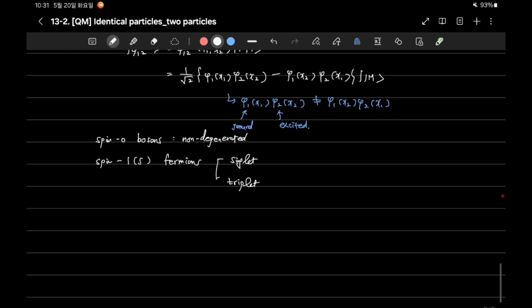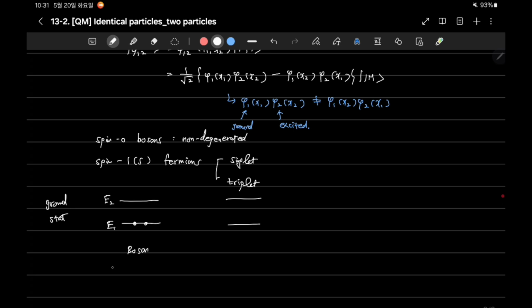So if we think of the two energy levels E1, E2 at the ground state, the bosonic particle can have the same possibilities, and the ground state is possible without spin.